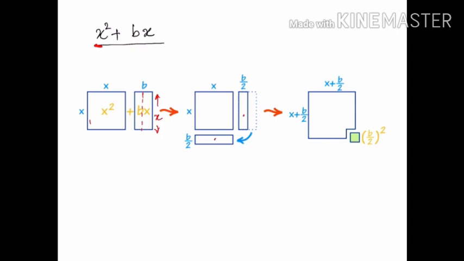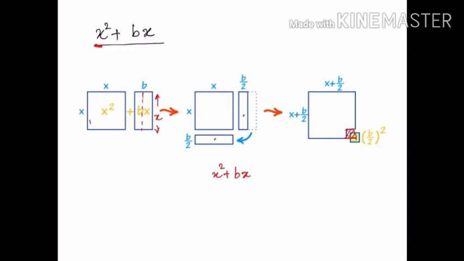So by arranging half rectangles along the sides of the square of side x, we have arranged x square plus bx nearly into a square. Why do we say nearly? Because it is still falling short of this part, which is a square of side b upon 2.